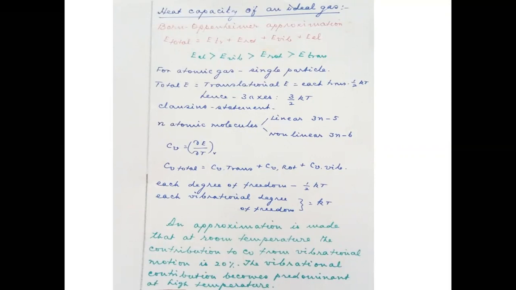See, these atomic gases can be considered as a single particle. When you take only one particle, the particle may have a translation motion. The rotational motion is completely neglected in all axes for a single particle. The reason is the moment of inertia in all the three axes for a single particle is almost negligible.